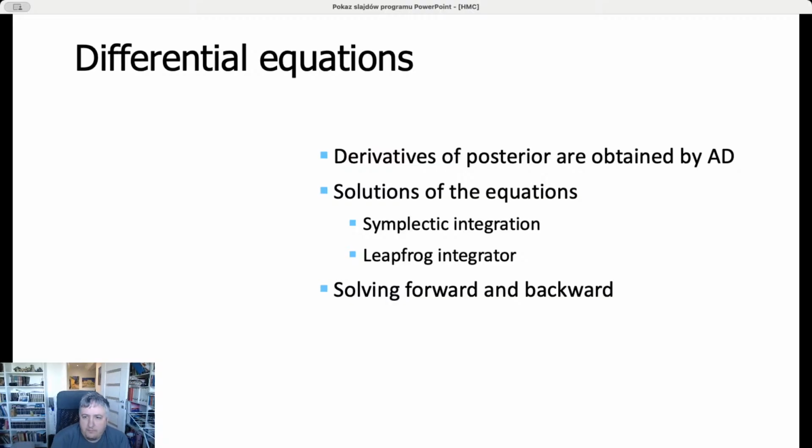So, having that, we get those differential equations, we get the code. But then, how to solve those differential equations? We have an issue with those equations because those are the equations of undampened motion in a very high dimensional space.